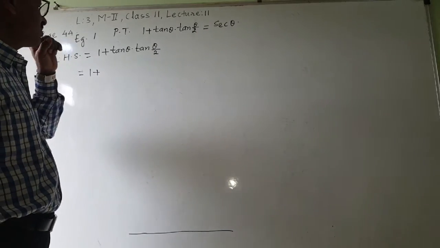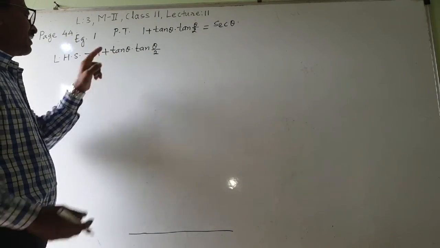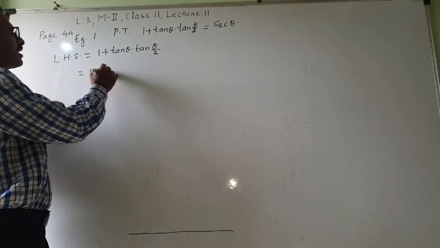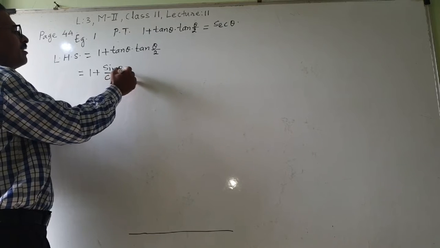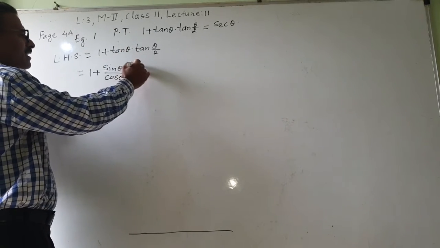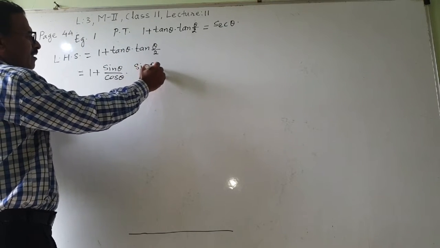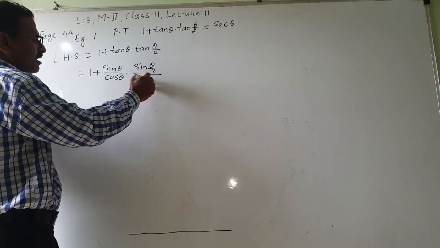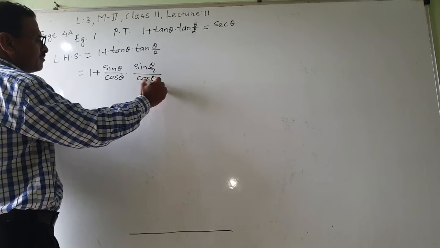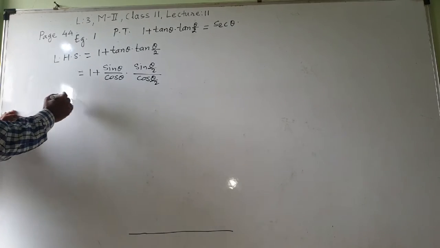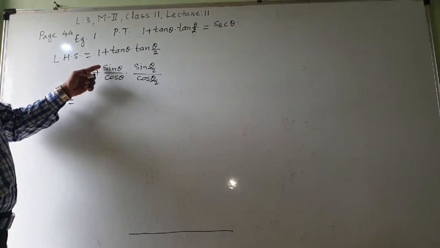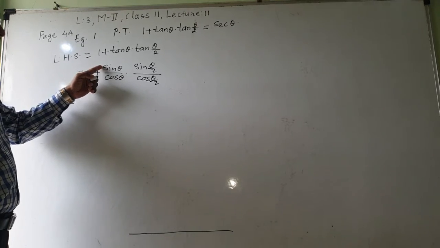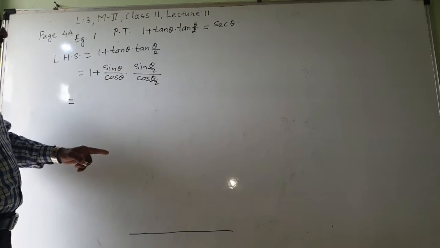So I will also write tan theta means sin theta upon cos theta. This tan theta by 2 means sin theta by 2 upon cos theta by 2. That is equal to, this is sin theta, this is sin theta by 2.